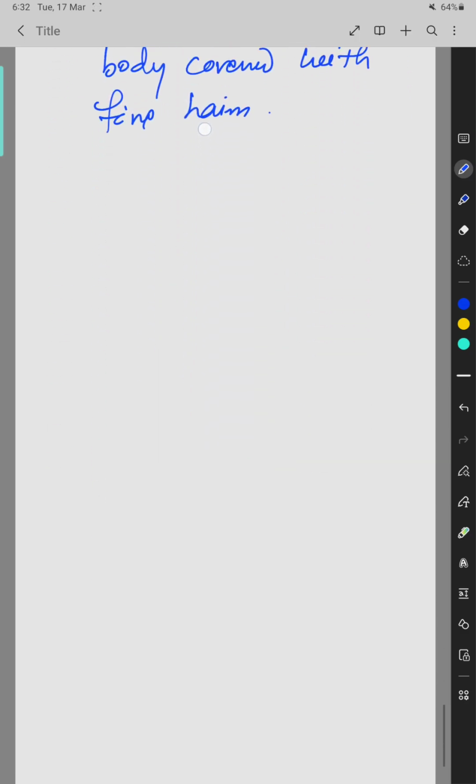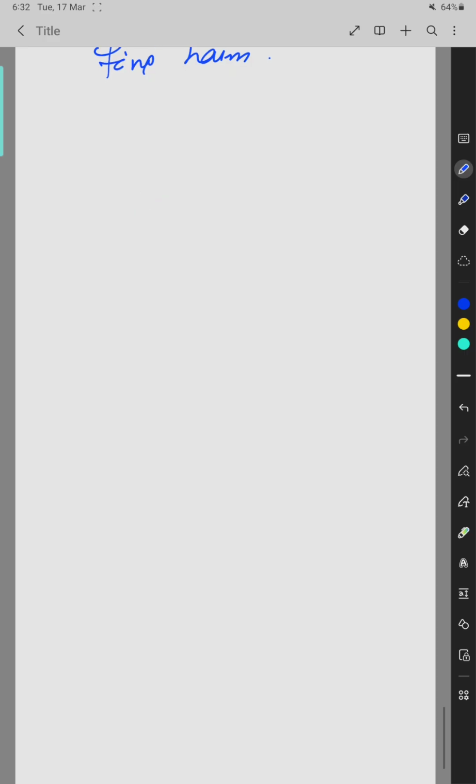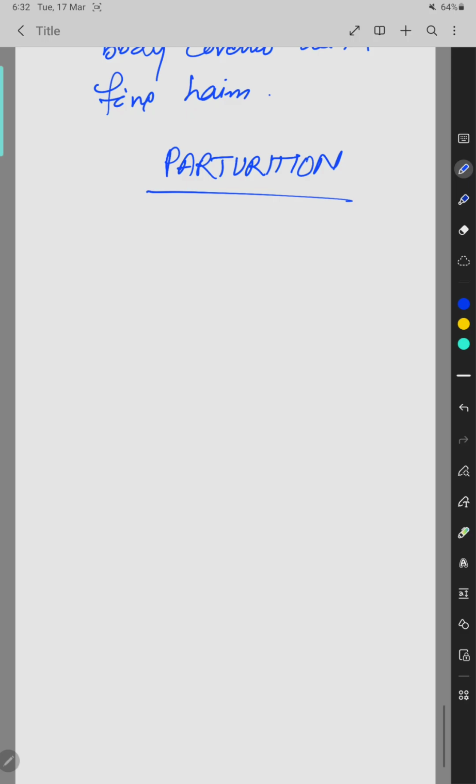Now come to parturition. Parturition is a common question in the exam. Okay, so when the pregnancy is about 9 months, this period is called gestation period. Now what happens? Vigorous contraction of uterus takes place. But how does it take place?